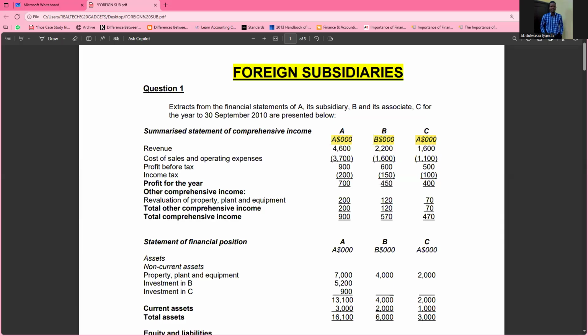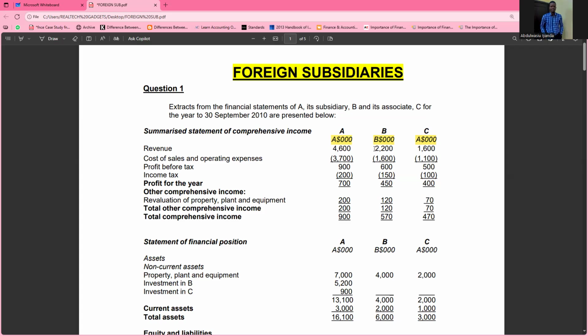One of the first things you have to do, once you construct your group structure, is to convert the subsidiary currency to the parent currency. And that can even be your working, because it is easy at this level to determine the group structure.